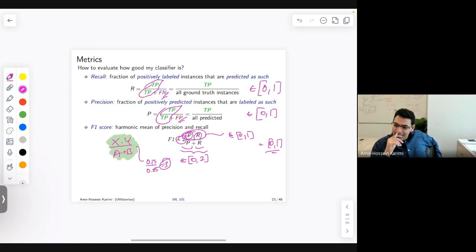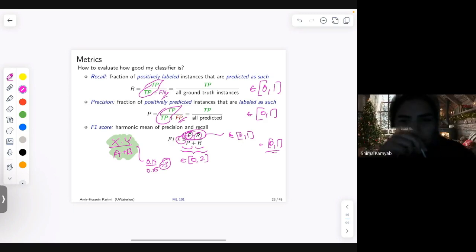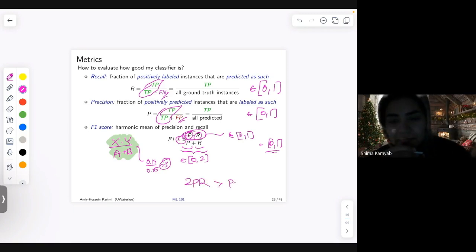Yes, Shima. For the case that F score is more than 1, we just should find a region where 2 multiplied by P multiplied by R is greater than P plus R. Yes. And I think that this may be possible.